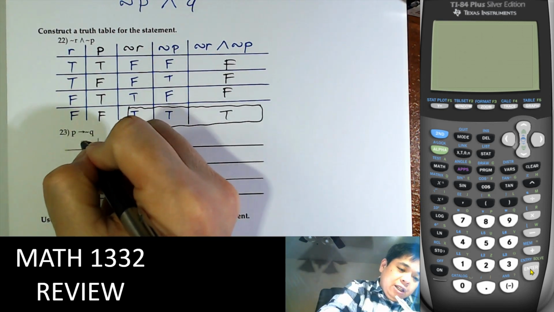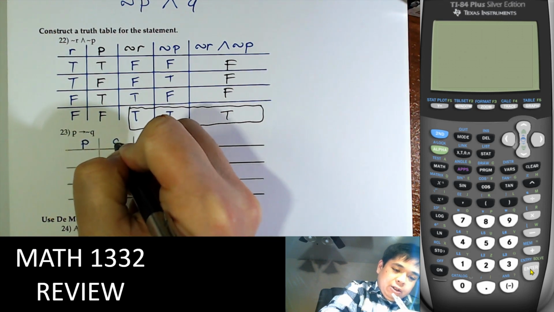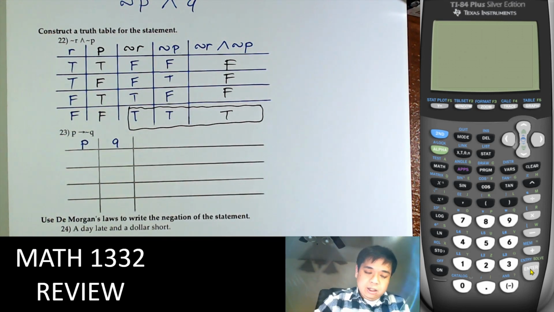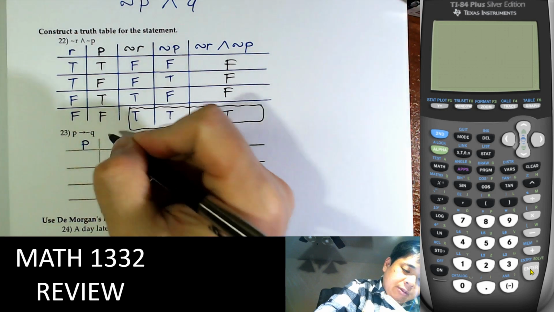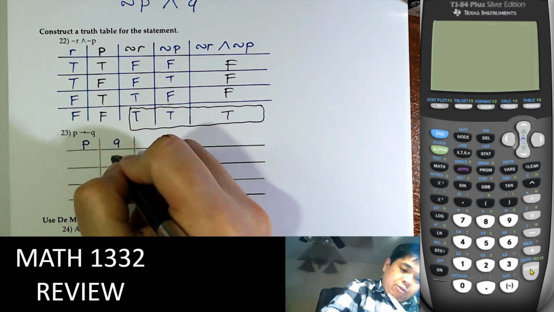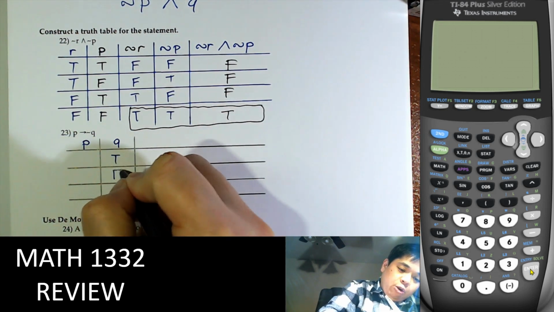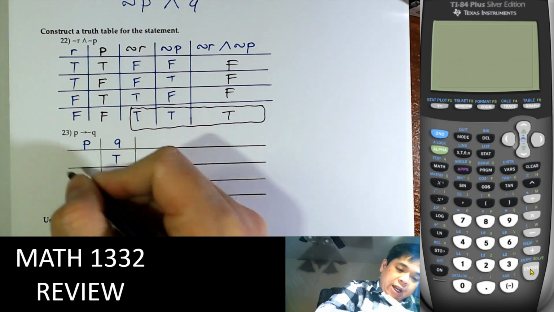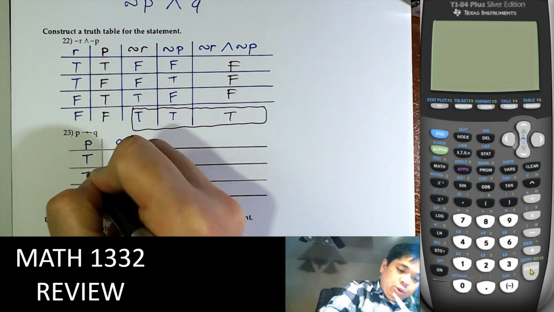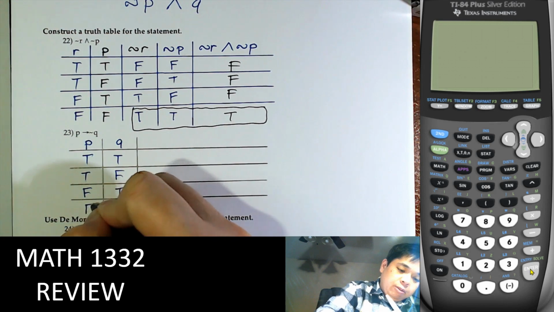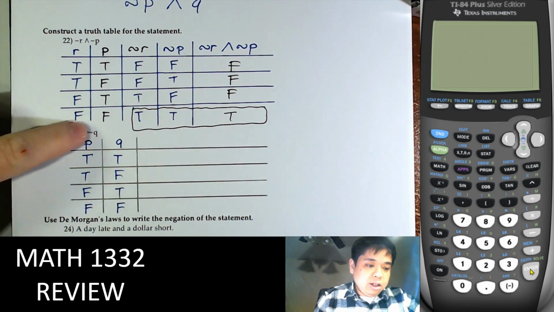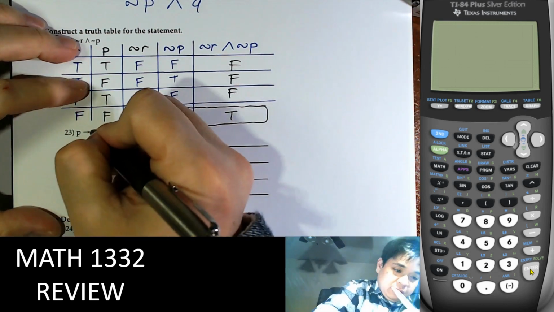P and Q, right? The last one, true, false, and alternate everything: true, true, false, false. Now first, do the negation.